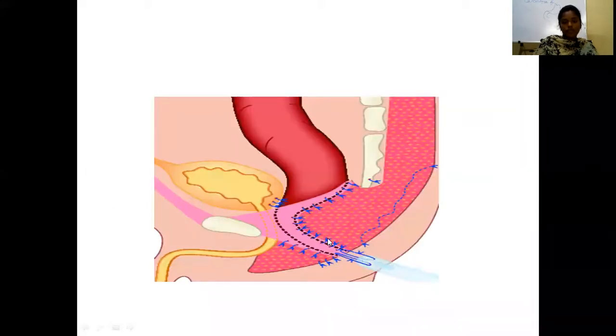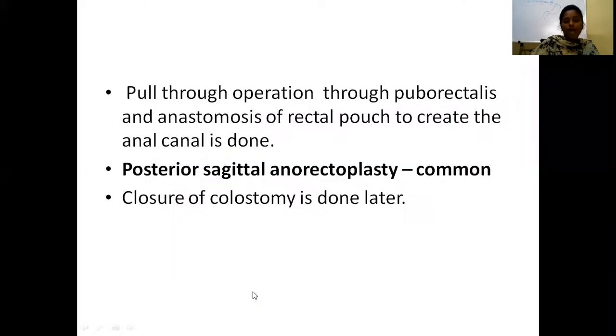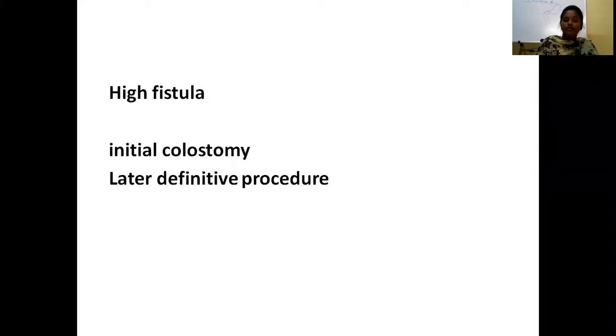This picture shows the posterior sagittal anorectoplasty. Here any communication with the urinary bladder has to be ligated, followed by the pull-through operation and the repair. So for high level anorectal malformations, the surgery includes staged procedures. Initially, colostomy has to be done.